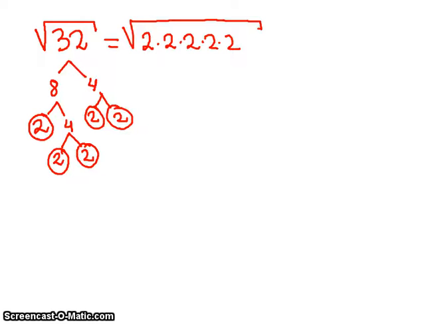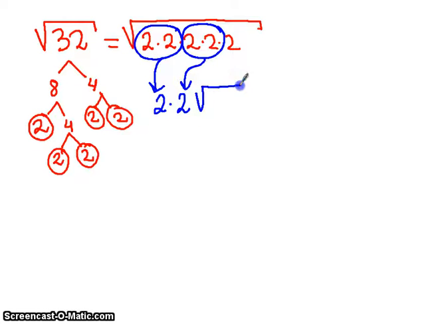Now, I am going to make groups of 2 identical numbers. Here I have one group, another group. For each pair, one number gets out. So there is a 2 going out, multiplied by another 2 that is going out also, exiting the radical. And inside the radical, a number 2 stays.